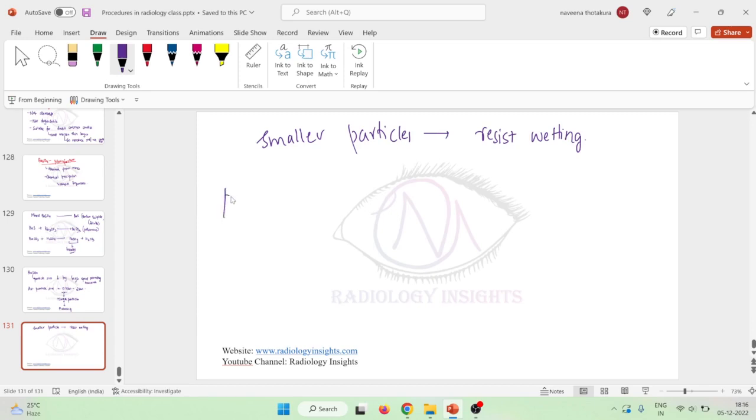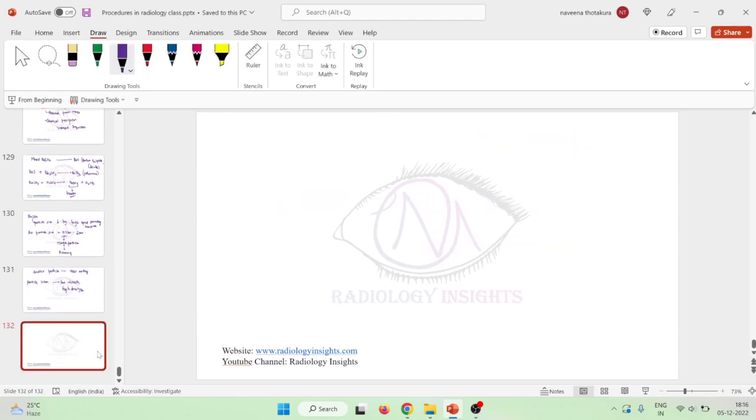Particles of around 12 micrometers are generally used for low viscosity and high density barium. In order to prepare low viscosity, high density barium, we use a particle size of around 12 micrometers. Then in the barium, we also have high density barium, right?